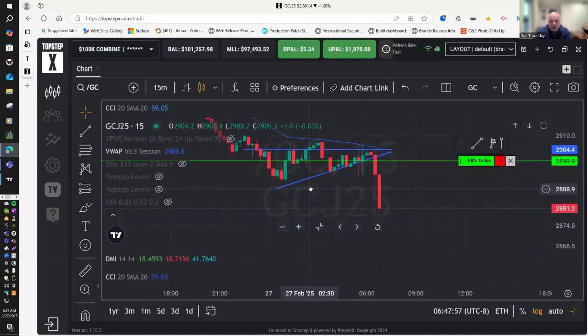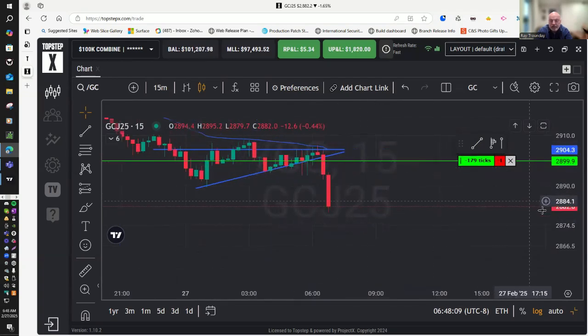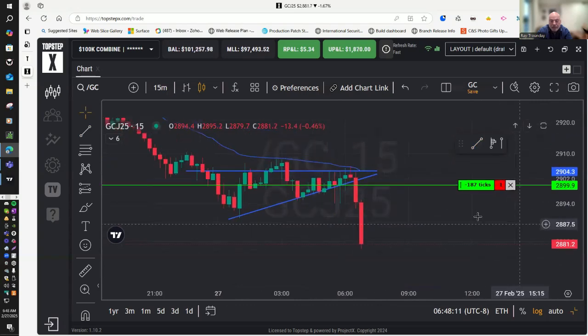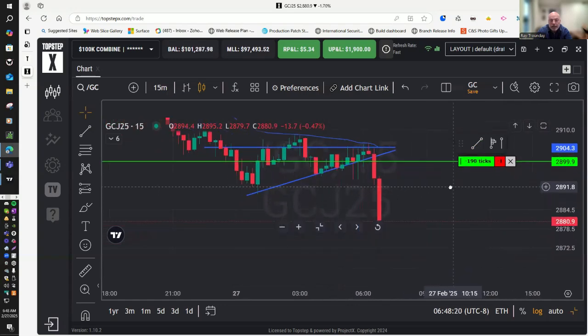You can see that we broke the bottom end of this channel. On the basis of the VWAP, I used this as an opportunity to enter into a bearish trade.